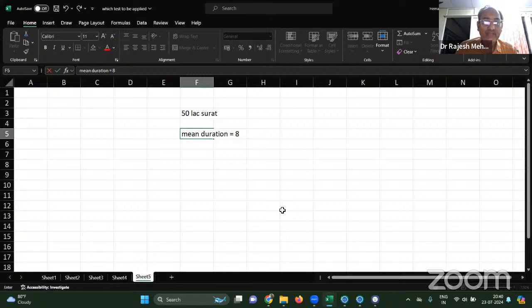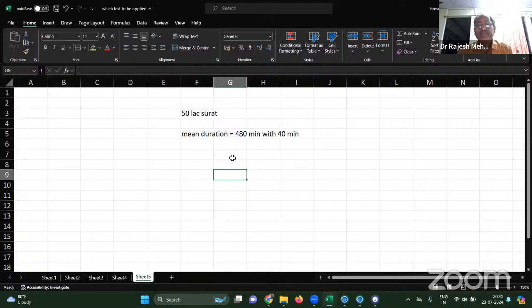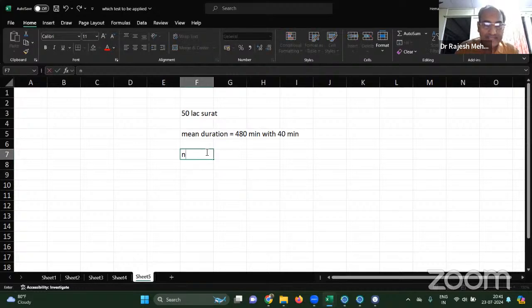Suppose it is in minutes, 480 minutes, with standard deviation given, based on that we need to find out the standard error of mean. So standard deviation is, let's say, 40 minutes. And the sample size n is equal to, again, 500.